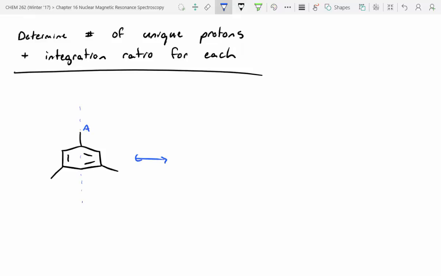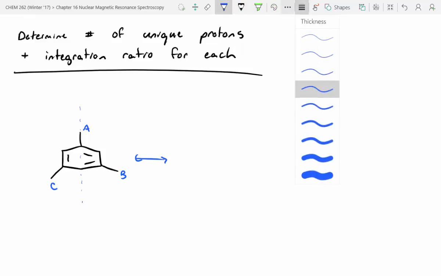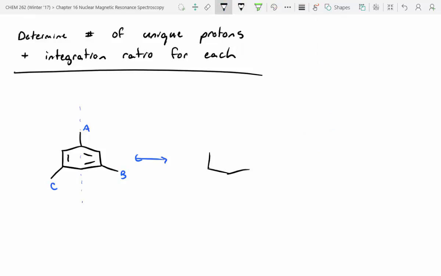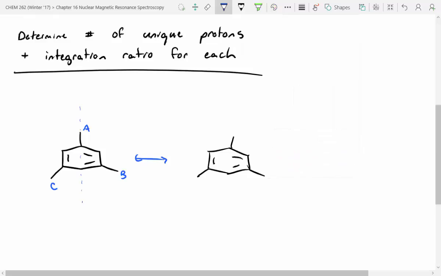So I'm going to label this A, B, and C. If we rotate this, right, I can rotate it so that A is down here, B is over here, and C is over here, but that's the exact same molecule, right?